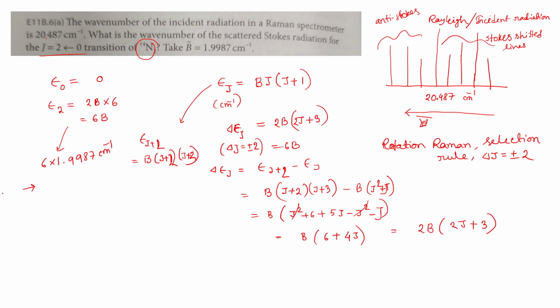Actually this is close to 12. 6 into 1.9987 is 11.9922. So you may expect your rotational line to be here at 11.9922. You can check that.